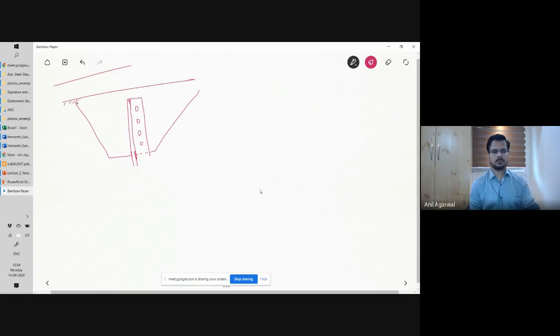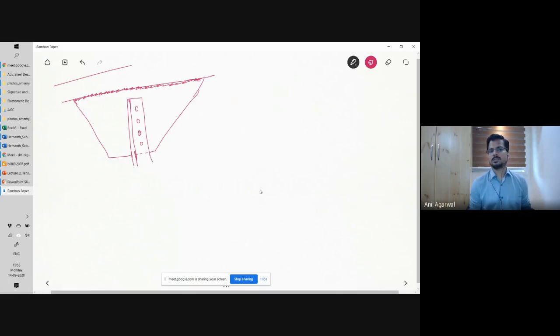This gusset plate is welded with something else very nicely, and you get a straight plane surface. To that gusset plate, you have connected this angle. You calculated how much resistance one bolt offers, you needed 4 times that much force, so you put 4 bolts. Then your requirement is satisfied.